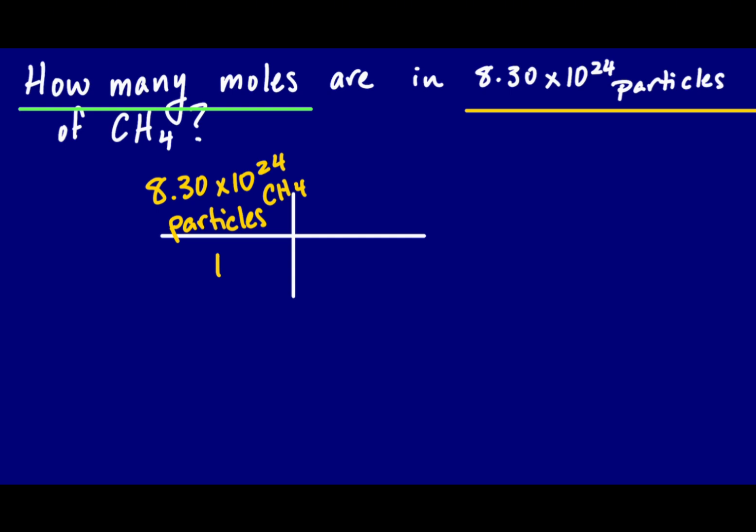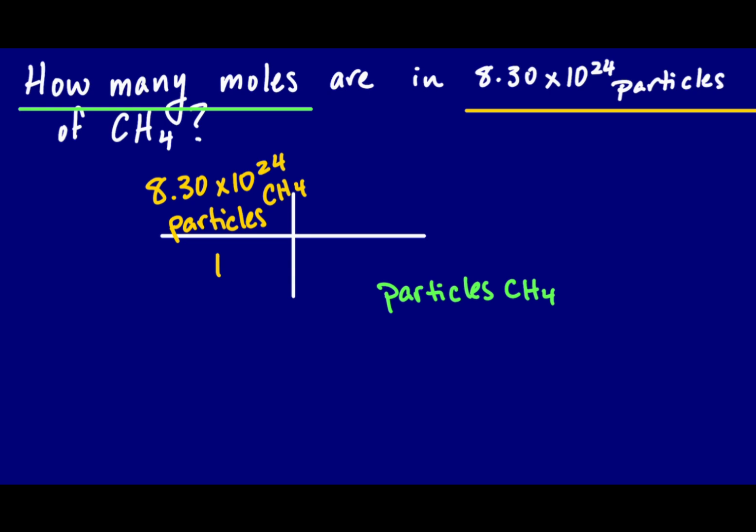And then we have to set up Avogadro's number in the second fraction so that we can convert from particles to moles. Now notice here, if we're starting with particles, we need particles to cancel out. So that means particles need to be diagonal. And if we think about Avogadro's number, if we're looking at particles, that means the other half of our fraction is going to be moles.